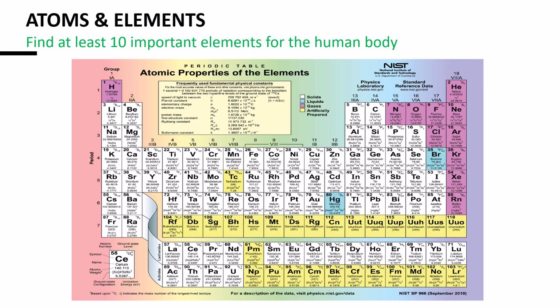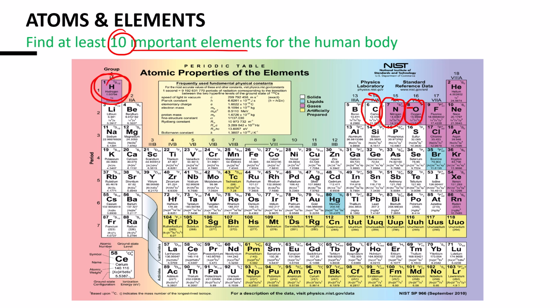Before we do that, let's look at at least 10 important elements for the human body, the ones that we mentioned initially in the table when we started the class. The 4 most important elements, and the most abundant overall, are oxygen, here, atomic number 8, carbon, nitrogen, and hydrogen, the very first one.